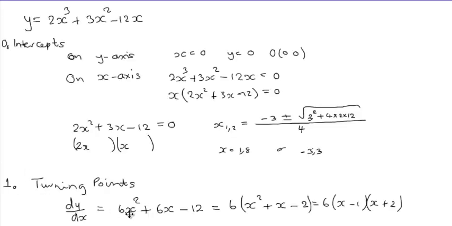Now, what do we need to do now? We need to look at the derivatives. Let's check the derivative before minus 2. Check the first derivative after minus 2. We just pick a point after minus 2. So where is the first derivative? There is the first derivative: 6x squared plus 6x minus 12.